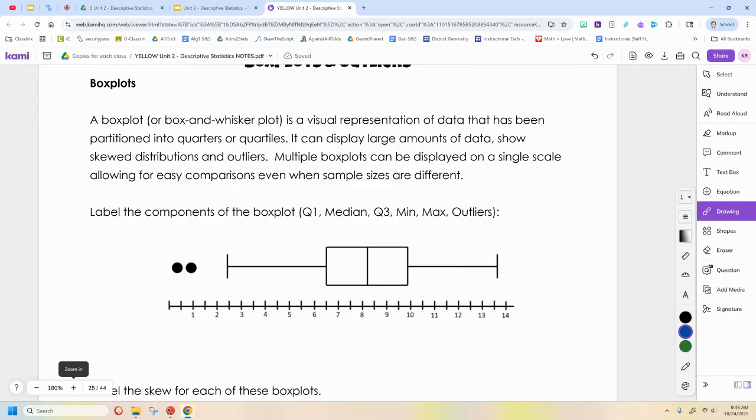Now, when we look at the components, you guys can see that our median is always going to be in the center, right? And then we have Q1, which is the first quartile, meaning 25%. And we have Q3, which is the third quartile, or at the 75% mark.